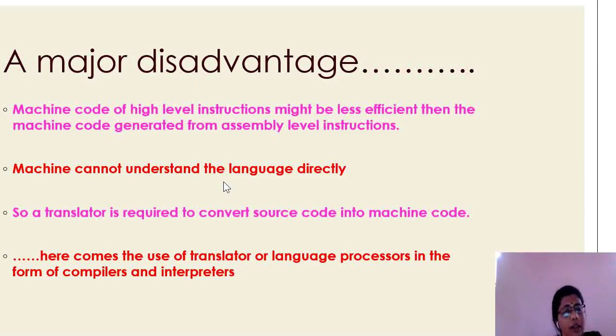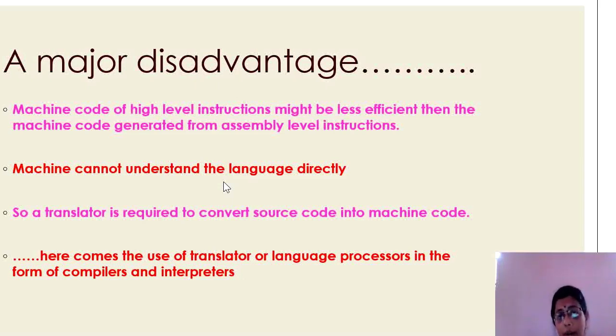In assembly language, we learned about something called an assembler. In high level language, the translator comes in the form of compilers and interpreters. So the translators in a high level language are of 2 types: compilers or interpreters. Clear?